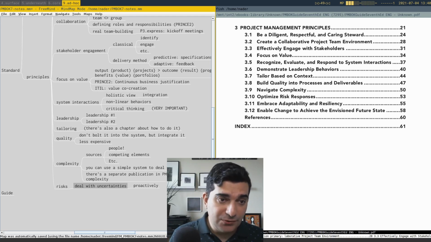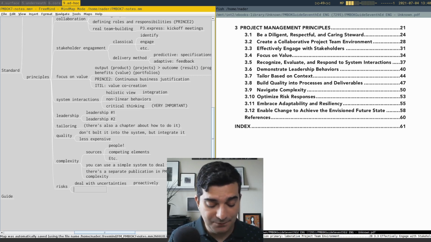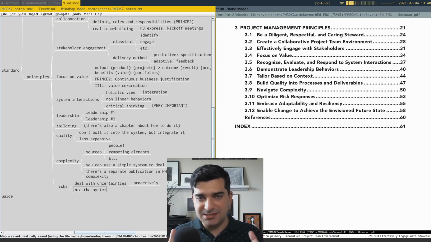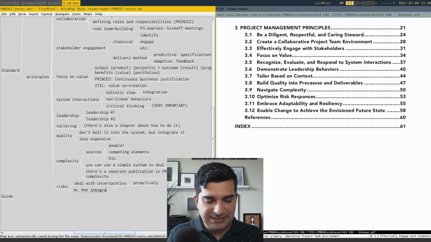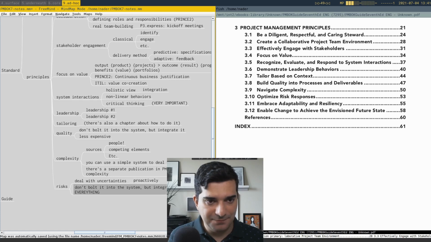And also remember that you don't bolt it into the system. Meaning that don't create a system, don't start doing everything and then add one artifact or a few events to say that we have risk management, but integrate it into everything.